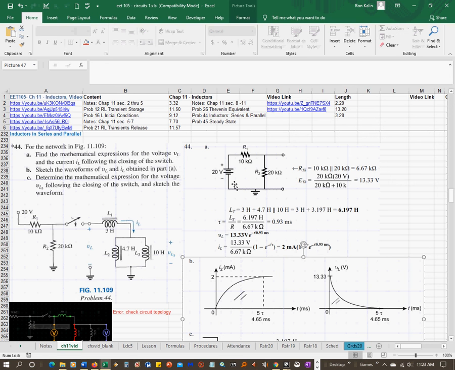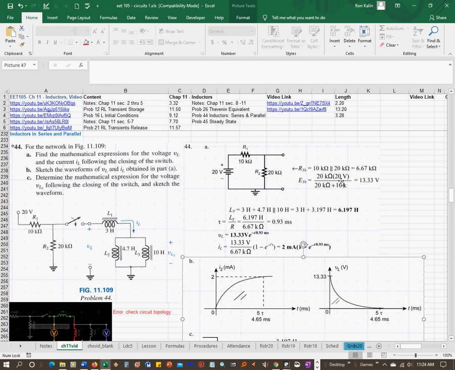So our Thevenin resistance, when you short out this 20 volt source, is going to be R1 in parallel with R2. So 10K in parallel with 20K equals 6.67K. And then you put the voltage source back in. You're looking for the voltage across R2, which you use a voltage divider.